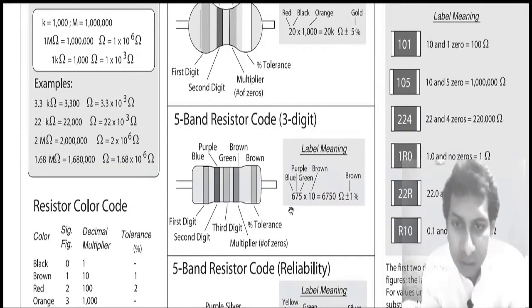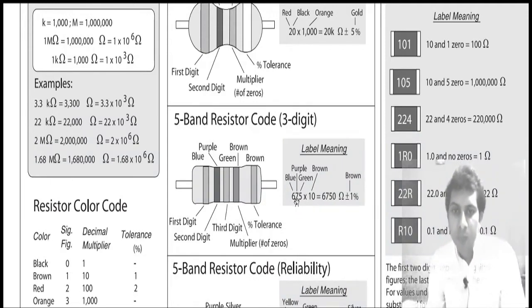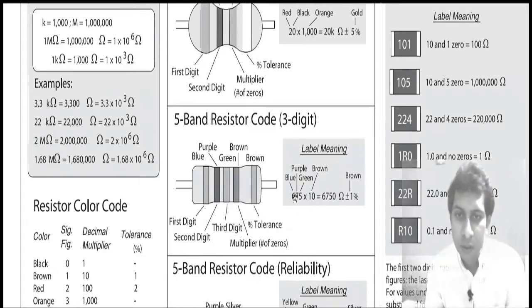Then we can write it. By using this color code scheme, blue is the digit 6, so put 6, then purple is 7, and then green is 5, so put 5, and multiply by the fourth band value or color, which is brown, and brown is 10, or 10 to the power 1.